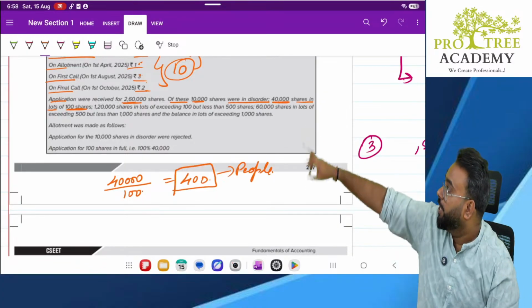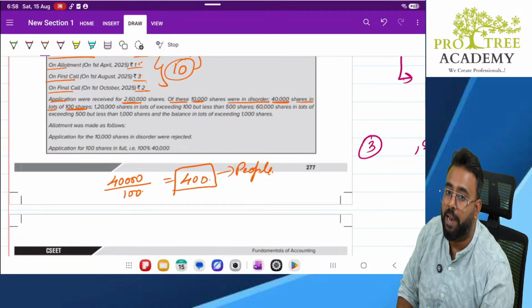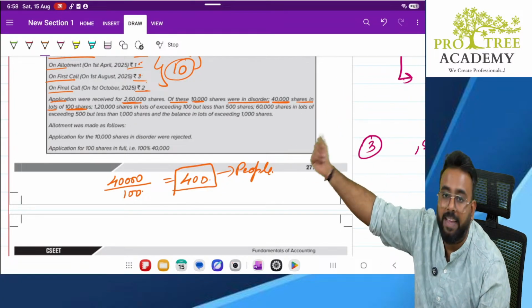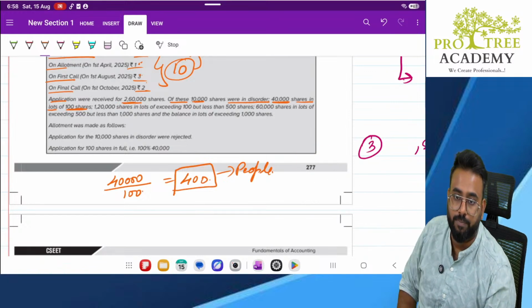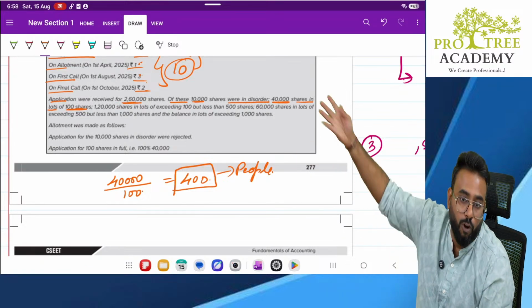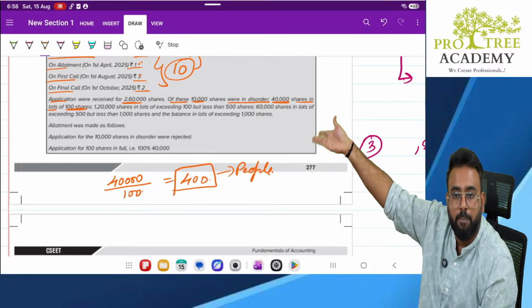So if in total we have received 40,000 shares, how many people would have applied? 40,000 shares divided by 100 shares per lot, so 400 lots. So 400 lots may be applied by 400 people, or it can be applied by fewer also.